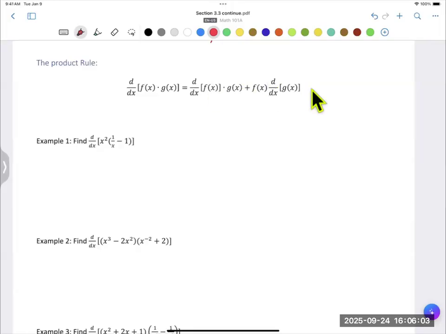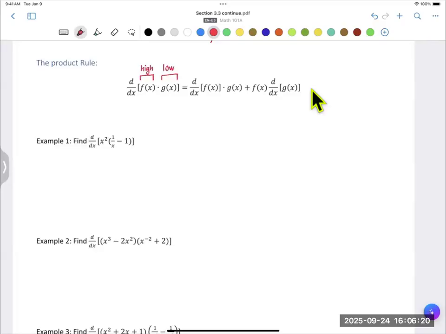Some people may use a phrase that makes the derivative process of the product easier, which is you consider this the high function and this the low function.